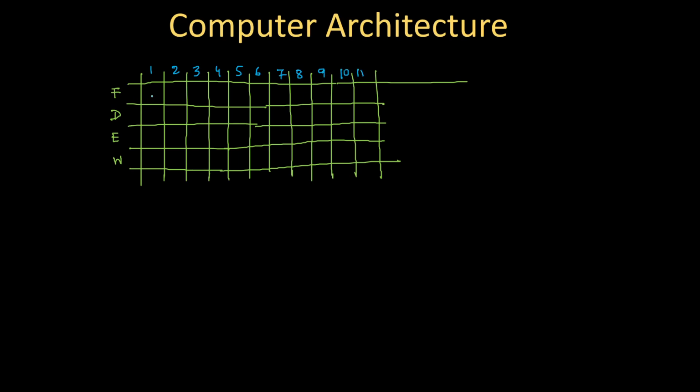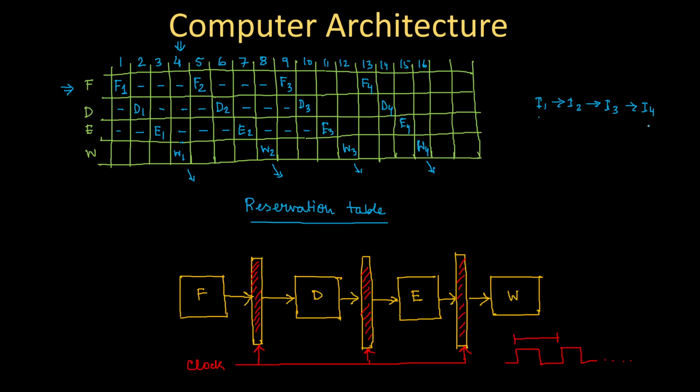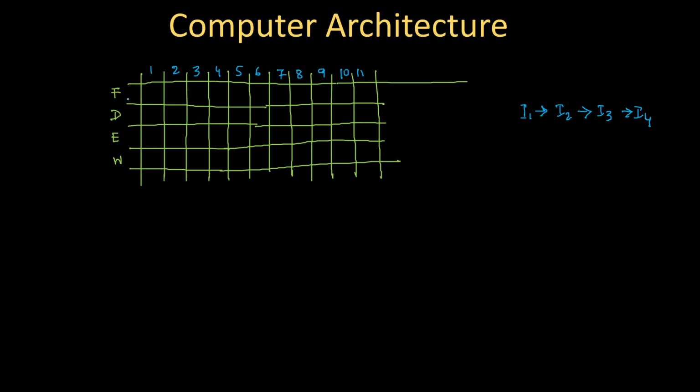And we have seen that obviously I have four instructions, I1 followed by I2 followed by I3. The same situation I am arising, but with a different architecture, right? Obviously in the first clock cycle it will start with fetching instruction 1, F1, and in the second clock cycle after fetching instruction 1 it will start decoding. Fine.